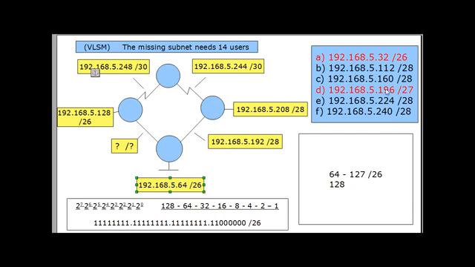So we know if we look up here at our choices that the 112, this choice B here, is already being used by the 64 network. So this one is no good. Can't use the 112. It's already being used by this network here.